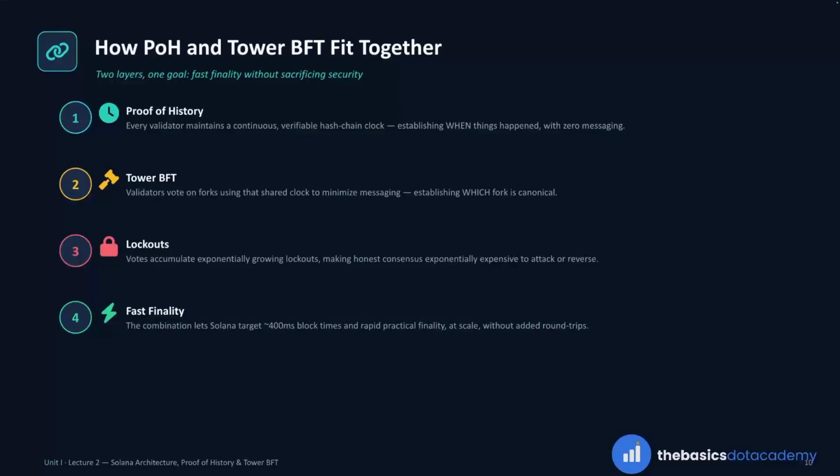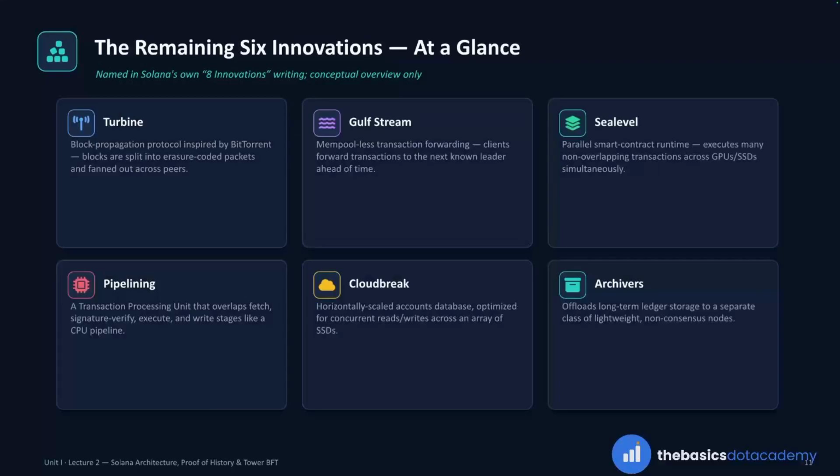Fast finality: the combination lets Solana target approximately 400 milliseconds of block times and rapid practical finality at scale without added round trips. So this is how proof of history and Tower BFT fit together and add to the scalability or high throughput of the Solana blockchain.